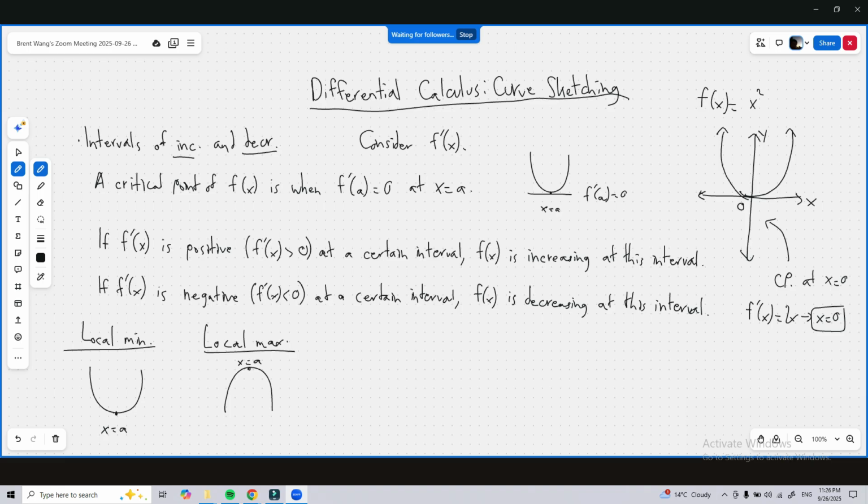So this brings me to our first derivative test. You can use the second derivative test, which I will explain in the next step.